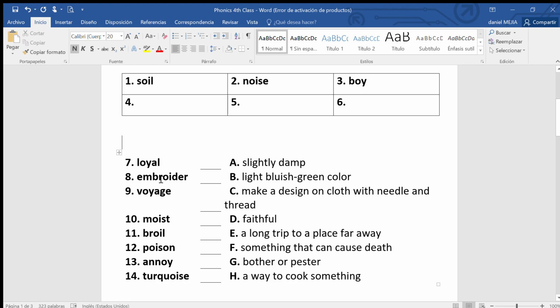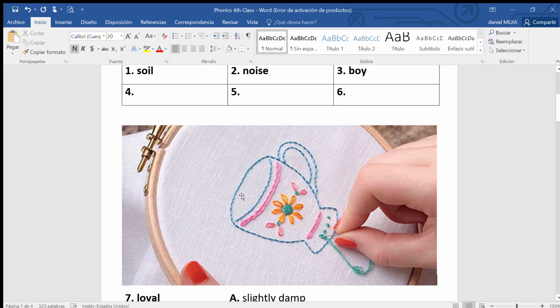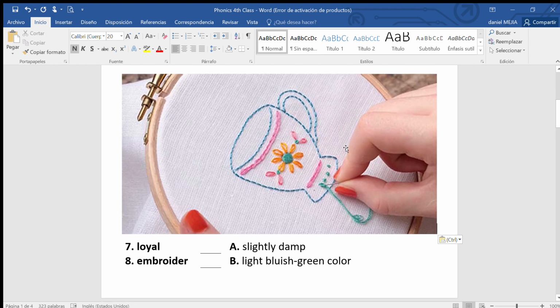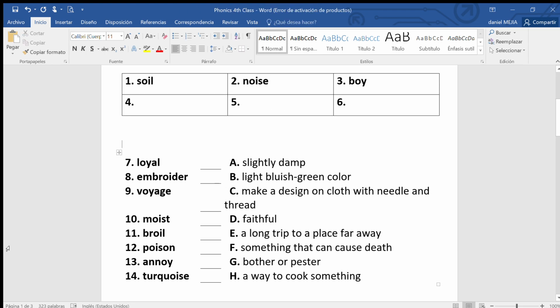Do you know what is embroidered? I'll show you a picture, so you can see. That is embroidered. Normally your grandmother does it. So we are going to find the definitions.